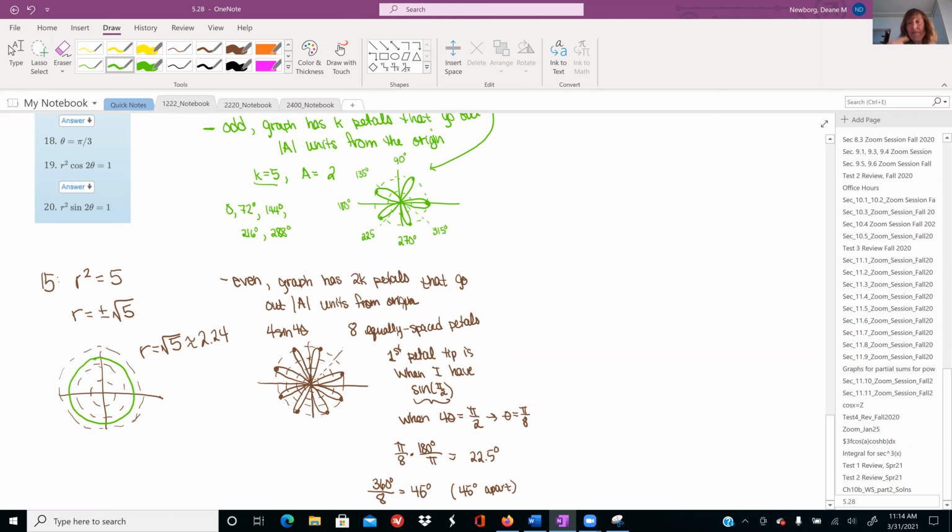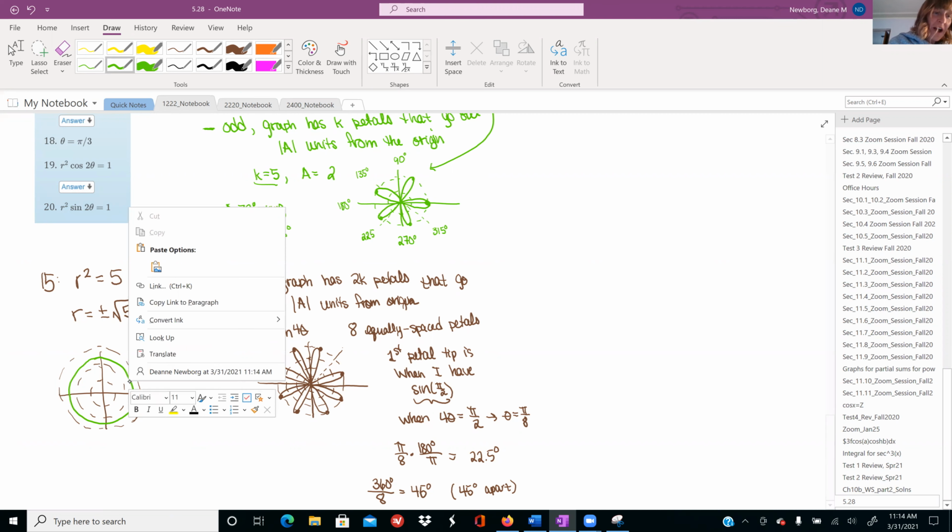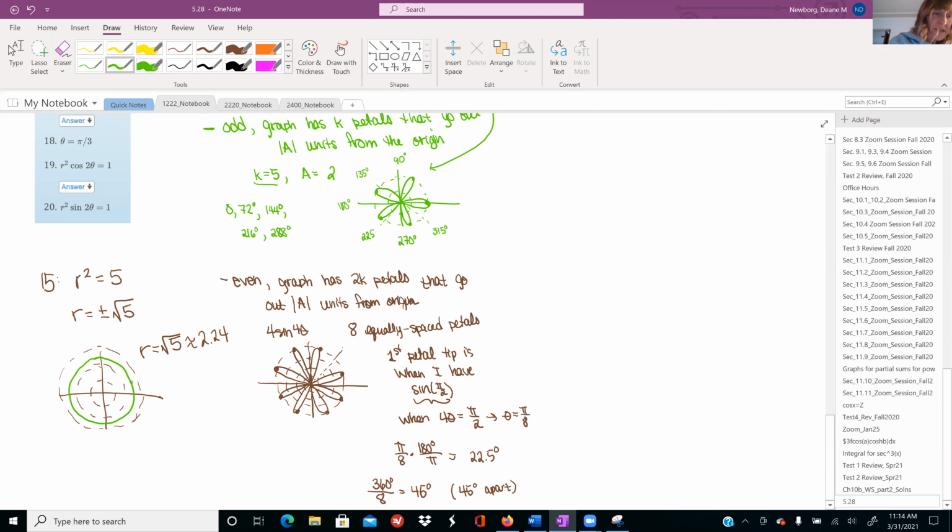And then even if r was negative, remember if you switch r to be negative instead of positive, all that does is say, okay, just go into the opposite quadrant. So you would still get the same circle. So that's 15. If r is just a number, then it's a circle of that radius centered at the origin.